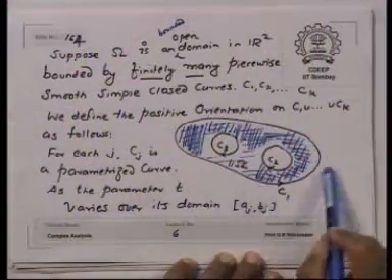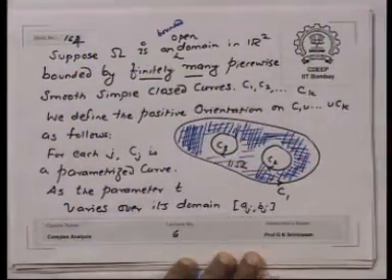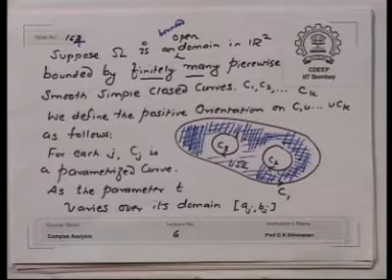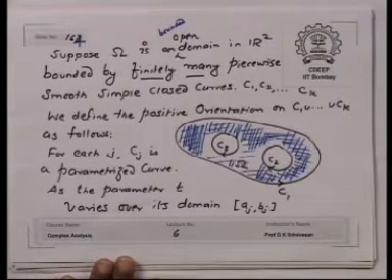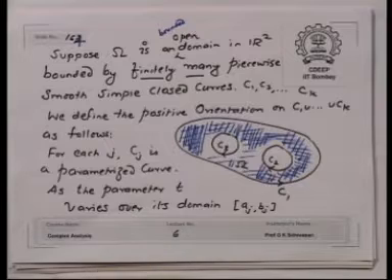Look at the picture again, the arrow on C1 is going counterclockwise and the arrows on C2 and C3 are going clockwise, correct. How do I choose this? Why is C1 running counterclockwise and C2 and C3 running clockwise? In this particular picture, the boundary has been positively oriented, correct.